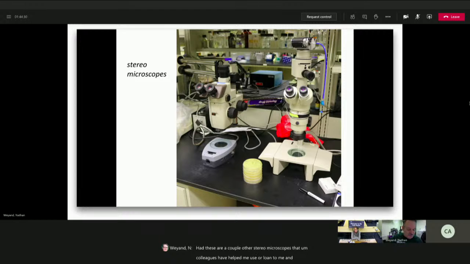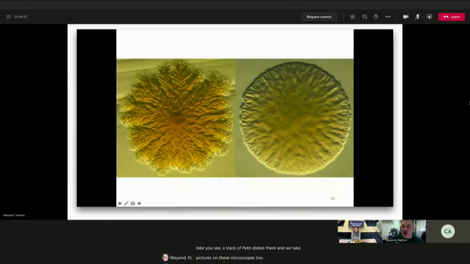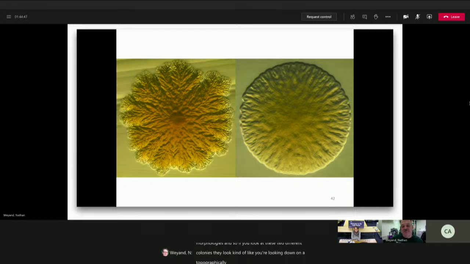You see a stack of Petri dishes there, and we take pictures on these microscopes too. Some colonies have really interesting morphologies. If you look at these two different colonies, it's like looking down on a topographical map or a satellite image, and it looks like mountains or rivers.